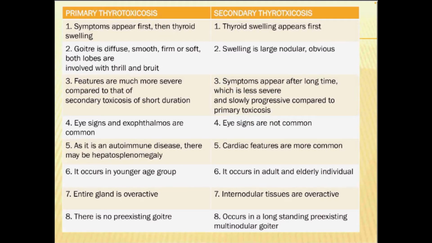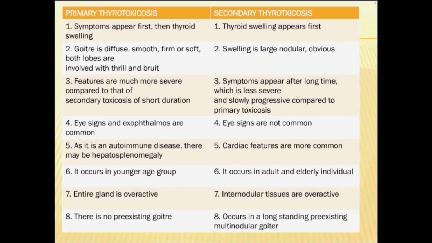So this is how we can memorize or understand it easily. Primary thyrotoxicosis is an entire gland defect, while secondary thyrotoxicosis is a single nodule defect. A single nodule defect produces excess T3, while the rest of the gland is normal, and by the negative feedback mechanism the features will be suppressed.